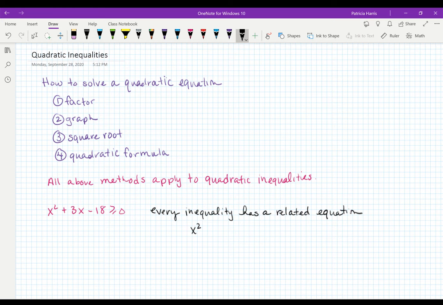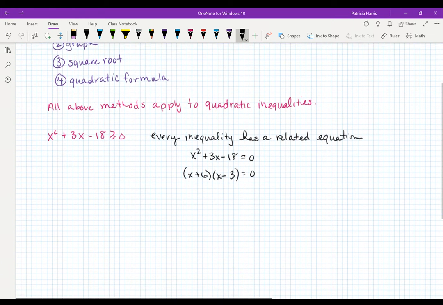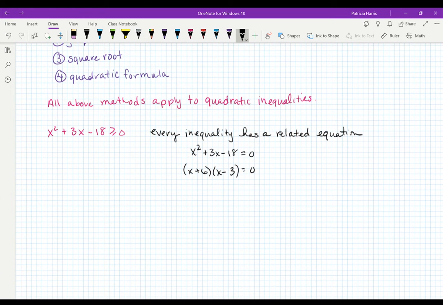Now this guy factors. So I'm going to go ahead and factor it. Setting each factor equal to 0, I get -6 and 3.